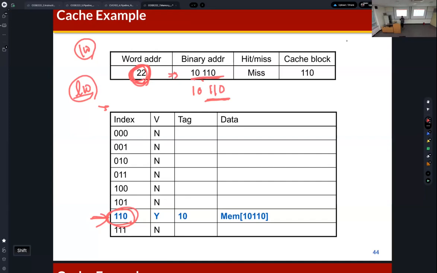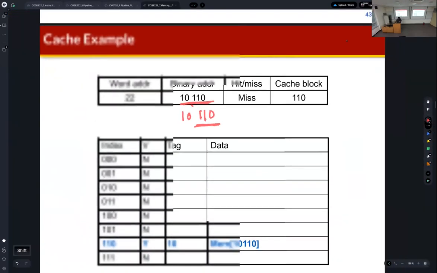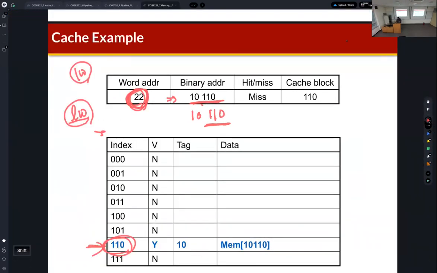So the requested data is not found. This is a miss. The requested data is checked in the cache, but the data is not found, so this is a miss.